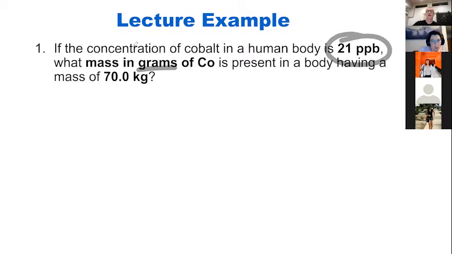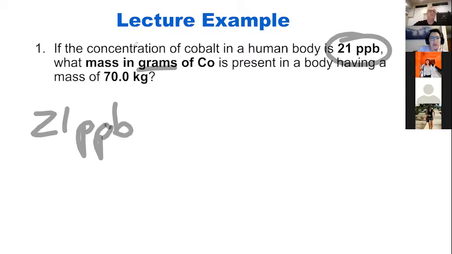You want mass in grams. So what are we going to write down first? 21 parts per billion. No, we'll do that first. Okay. So 21 ppb.